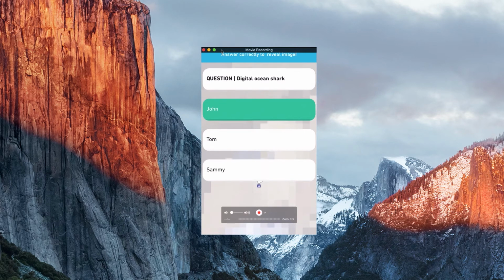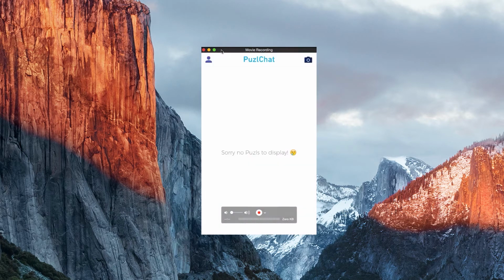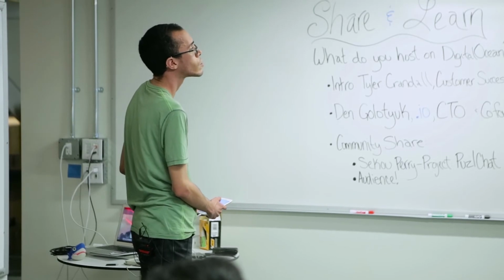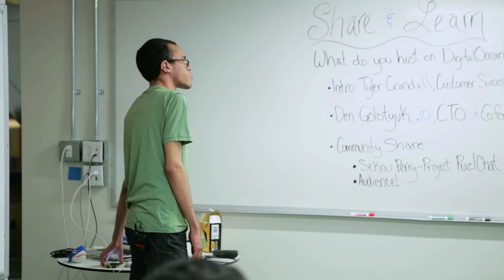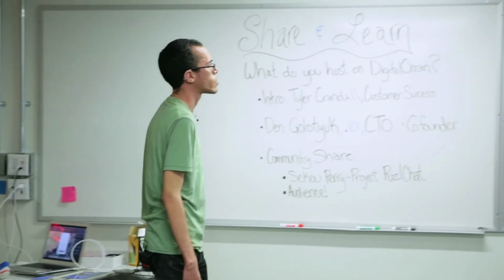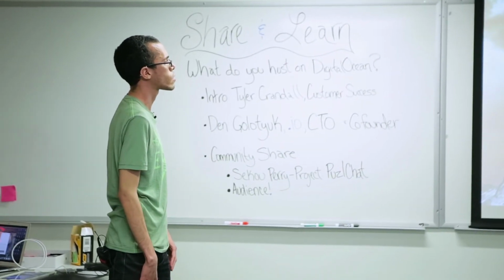It's Sammy, but I actually put in the wrong answer for it. It's going to show as correct, but oh, never mind, it's wrong. So if you get the wrong answer, you will never see the picture. But if you get it right, you'll see the picture.